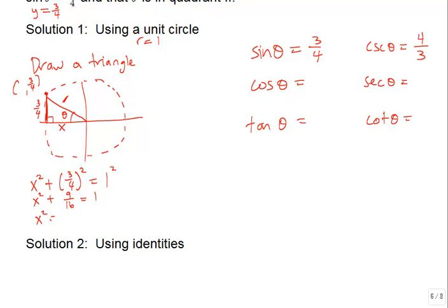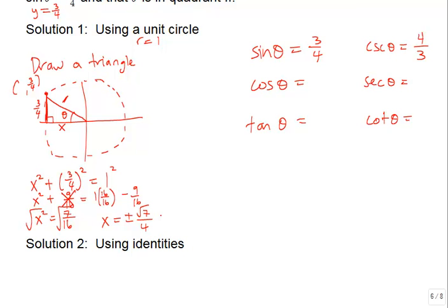If I subtract 9/16, remember that 1 is the same as 16/16. So if I subtract 9/16 over to the other side, 16 minus 9 makes this 7/16. And if I take the square root of both sides, you would get plus or minus square root of 7, and square root of 16 reduces to 4.